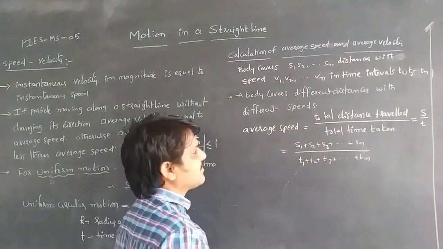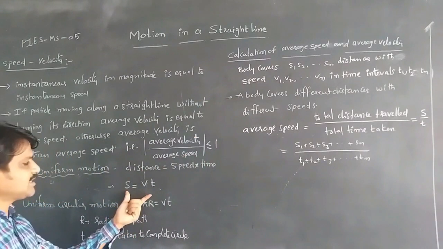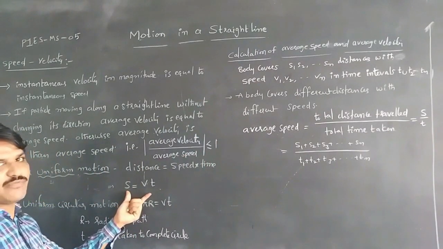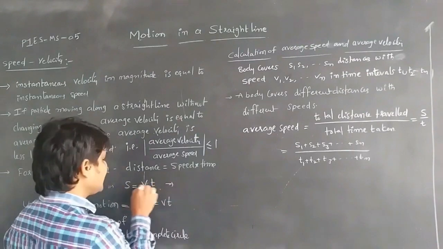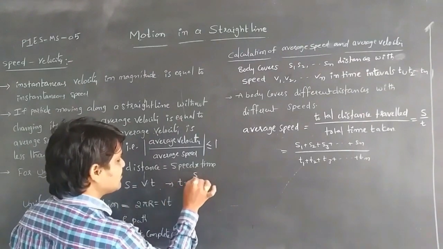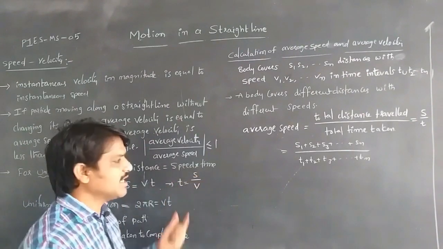From the equation we have s = v × t when the body is in uniform motion. Then we can write t = s by v.